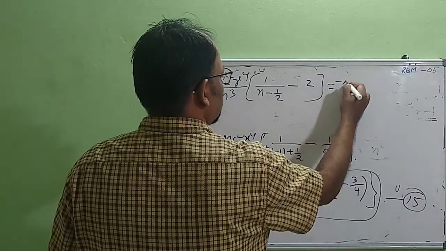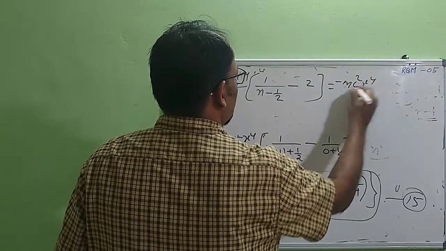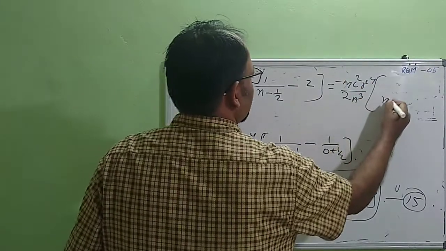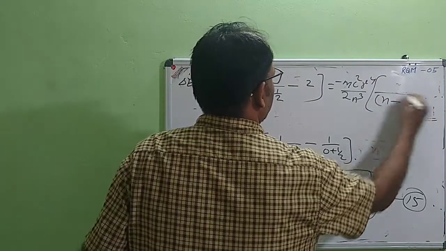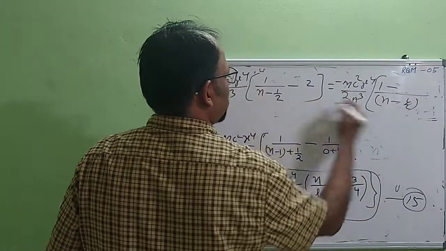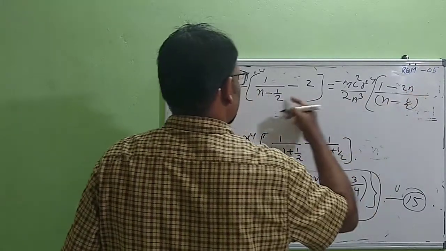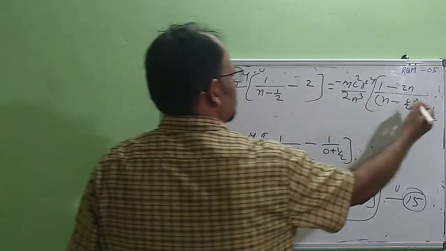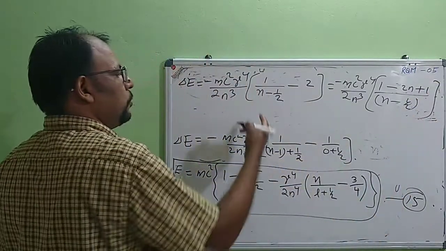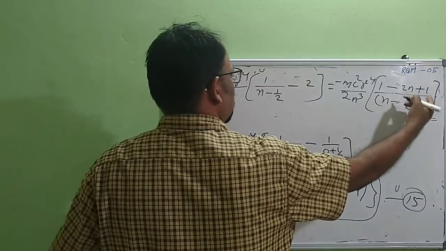Simplifying that, minus m c squared gamma to the power 4 by 2 n cubed into, taking n minus 1 by 2 as common, 1 minus 2 into n minus 1 by 2, minus 2n plus 1.